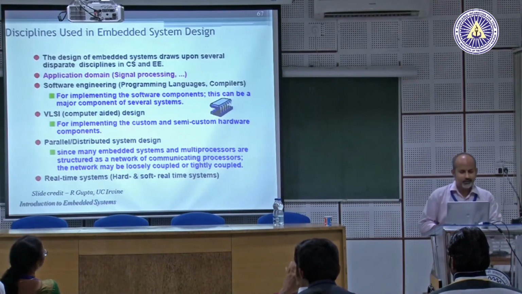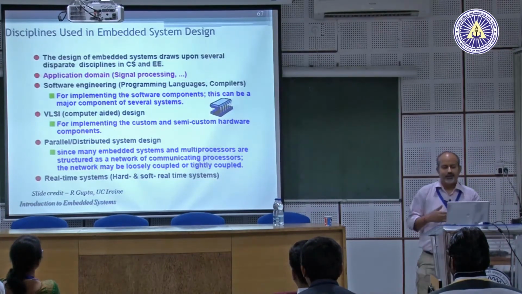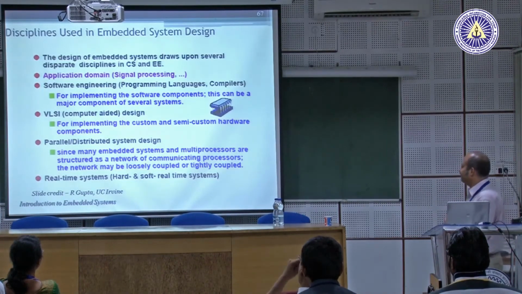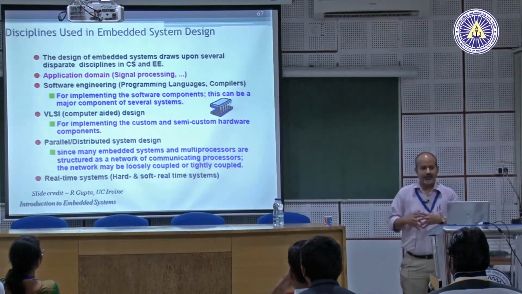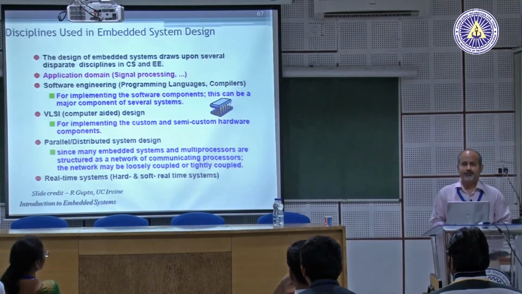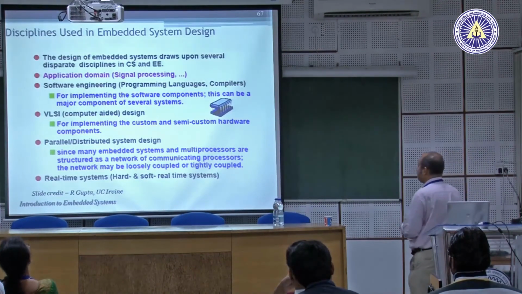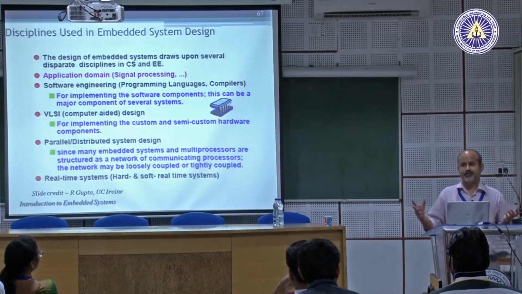So, the disciplines that are used in embedded system design. If you want to do good training and research in embedded systems, you have all these different areas that need to converge, right? VLSI design is one, parallel and distributed system design is another, since embedded systems are nowadays usually quite distributed.